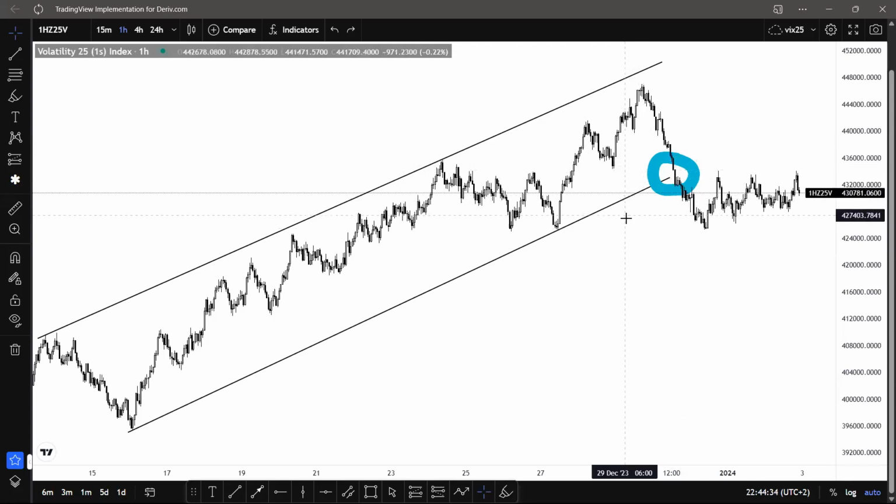The logic behind that is that at every touch of a trend line there's an area of support and resistance. Meaning here there was an area of support and resistance. You're going to see that as we continue to analyze this. So for now, let's just remove that.